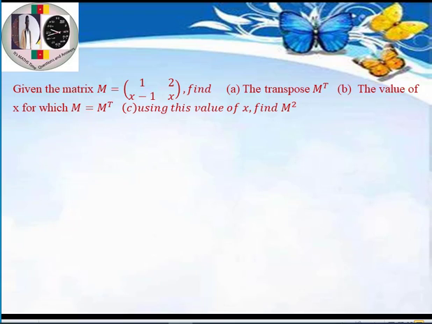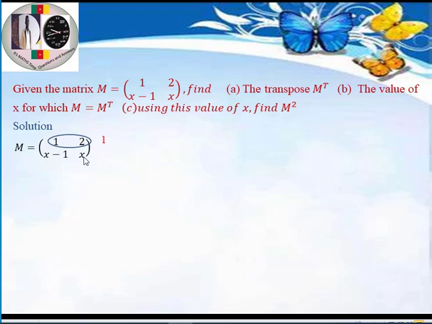So how do we look for a transpose of a 2 by 2 matrix? This matrix M is called a 2 by 2 matrix because it has two rows and two columns. 1 and 2 is the first row, x minus 1 and x is the second row, and 1 and x minus 1 is the first column, and 2 and x is the second column.